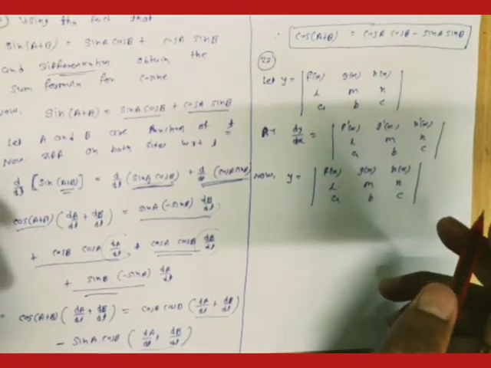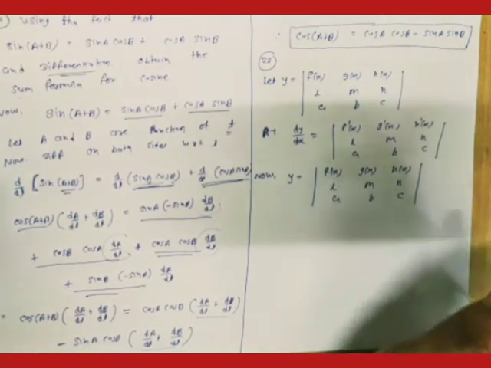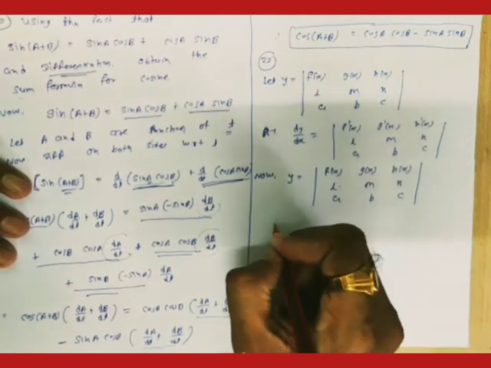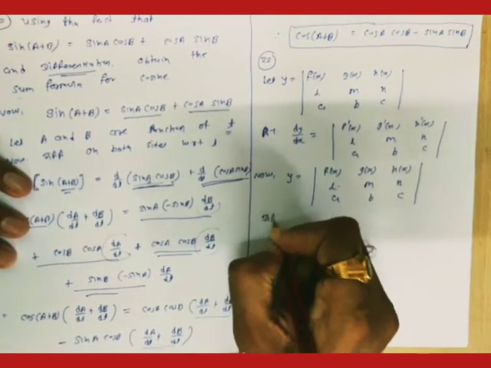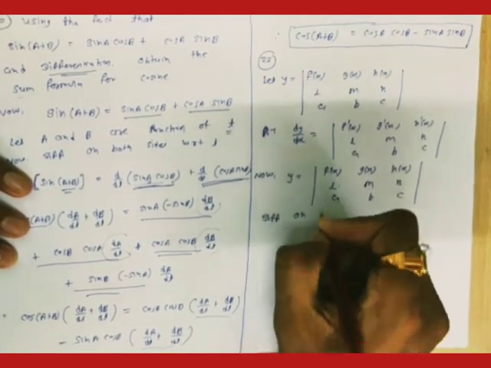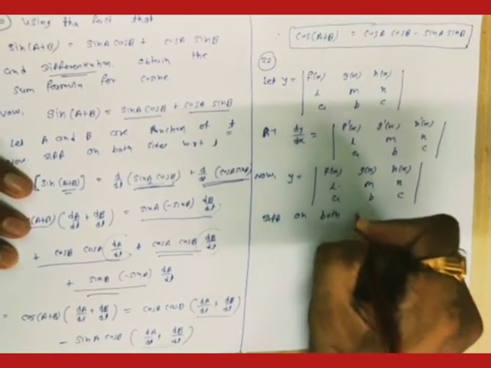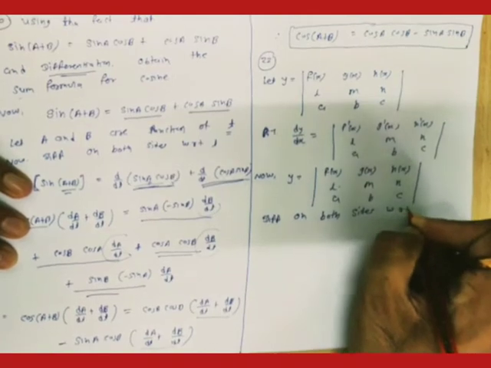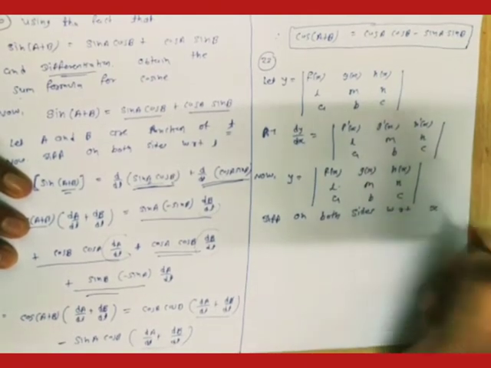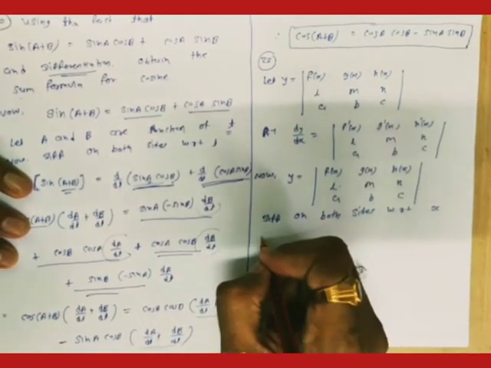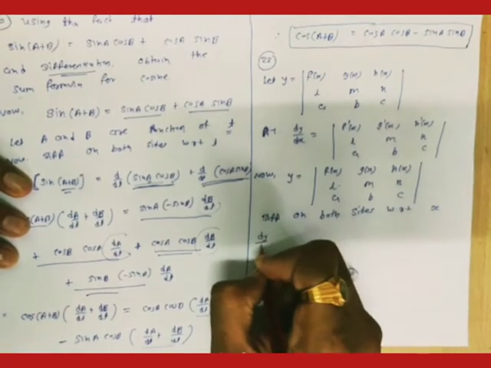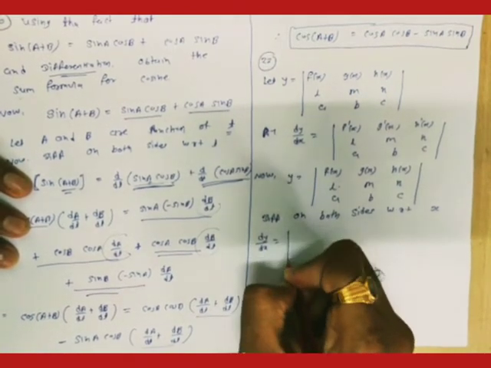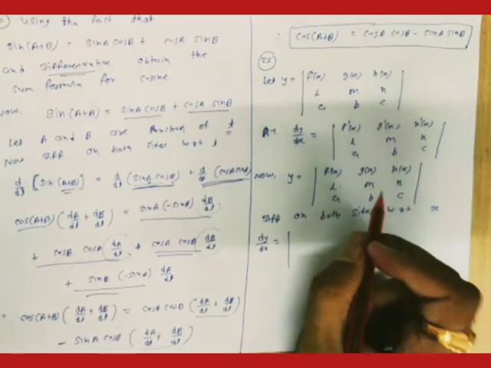So how can we differentiate this type of determinant? First you have to write differentiate on both sides with respect to x. So we are getting dy by dx, which is nothing but the differentiation of this determinant.